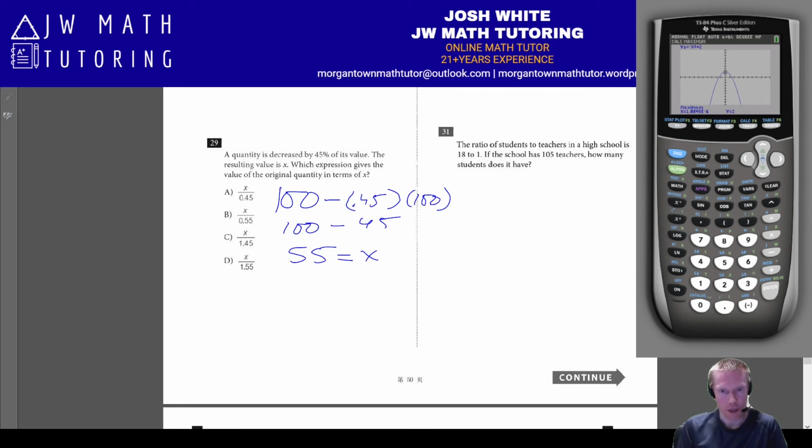So I plug in 55 for x into all these possibilities. One of them will give me the original quantity, which is 100. The other three will not. So if you can't just look at it and figure it out, we'll just do it on the graphing calculator or any calculator real quick here. Answer choice A, is it 100?